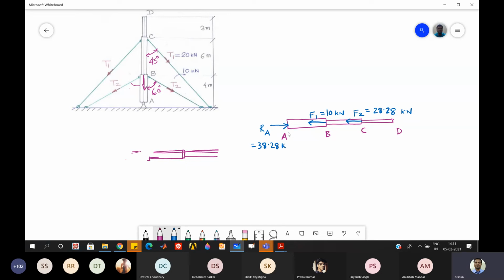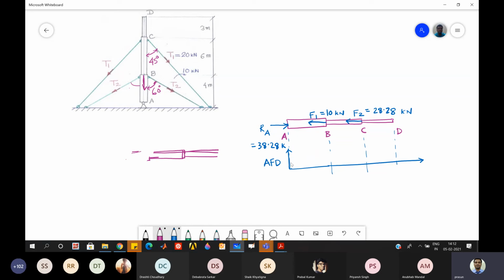Now, once we know the forces, the applied force and the reactions, we can draw the axial force diagram by first drawing the axis, which is your x-axis, and this y will represent the axial force. We'll call it AFD.